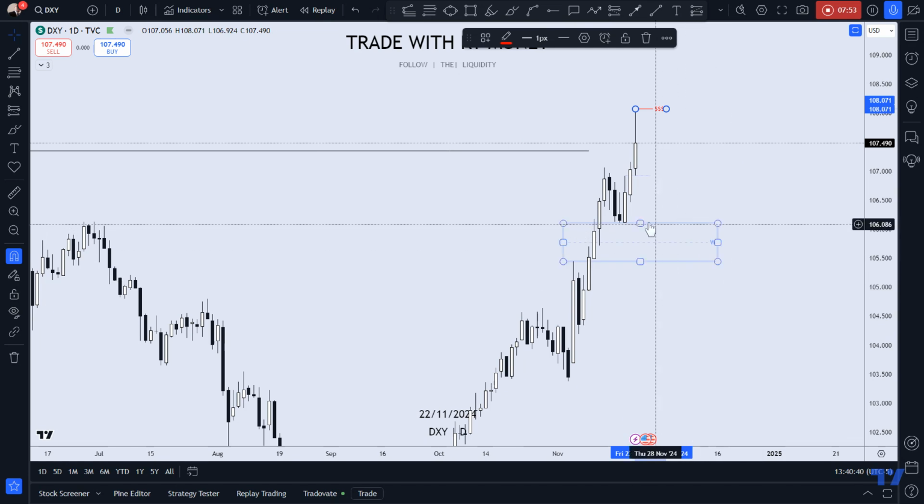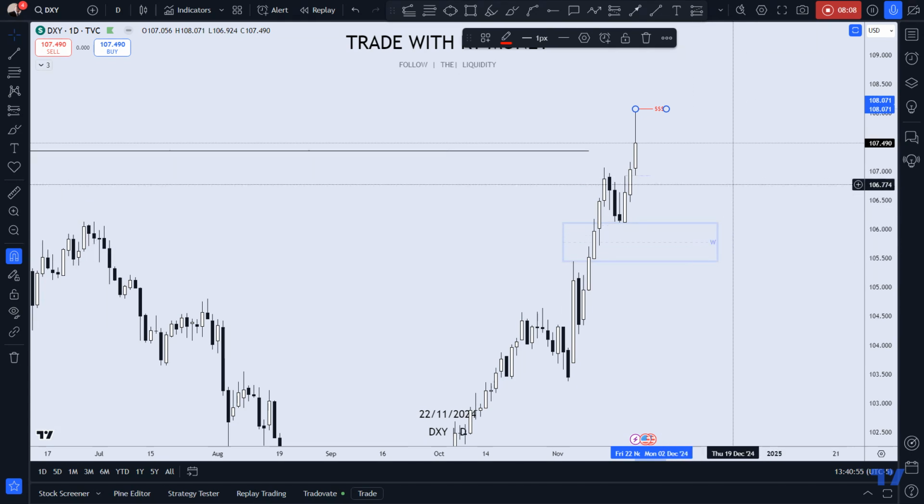And if the US dollar is running strong, then I'm going to be looking for the opposite in the pairs, like Euro USD. I'm going to be looking for some more bearishness. Pound USD, I'm looking for more bearishness.